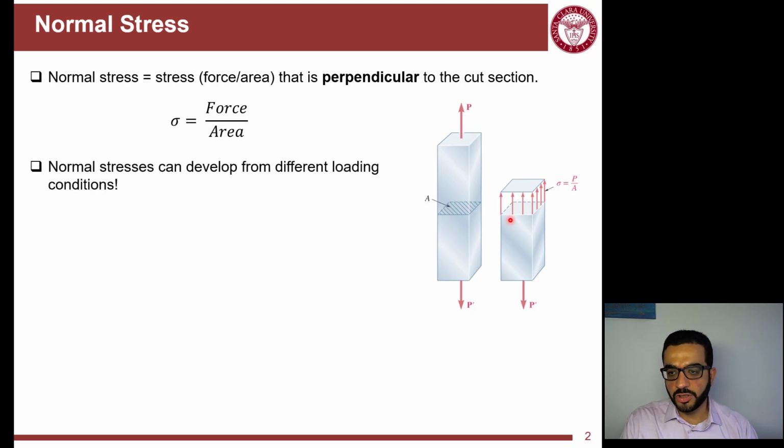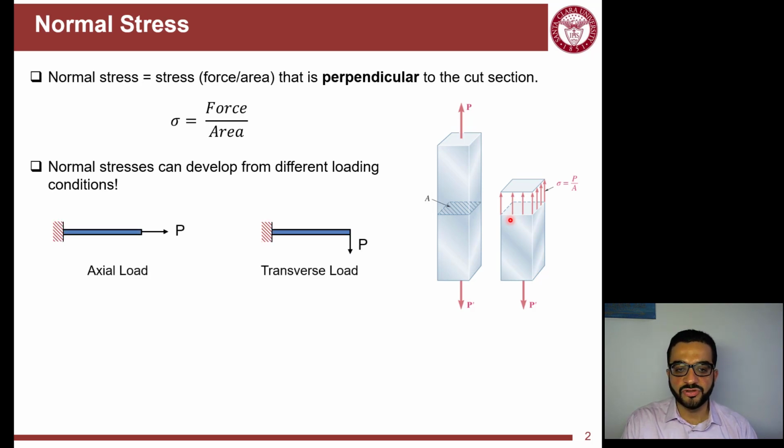One thing we need to be careful about is that normal stresses don't get generated by only axial forces. This is why I'm careful about calling it axial stresses, because normal stress can be generated by an axial load, or axial internal force, and by a transverse load.